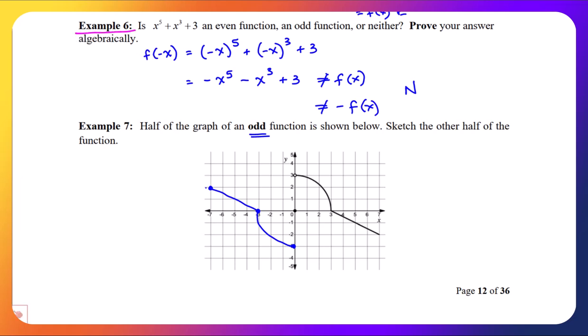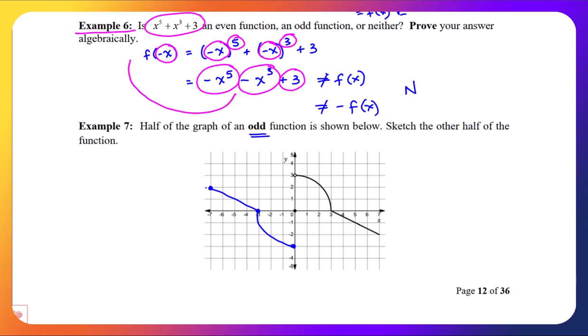Example 6. Is this even or odd? Well, let's see. If I plug in a negative x for x, well, a negative to the odd power is negative, but the 3 drops down.